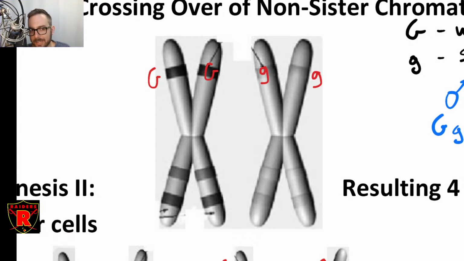And yes, if you're a female, only one of the 4 is going to stick and the other 3 will get tossed as polar bodies. But remember that you make more than one egg, one per cycle, and it'll be a different egg depending on the cycle. So over time these are going to be distributed evenly. But let's use sperm as an example, because I think it's a little easier.